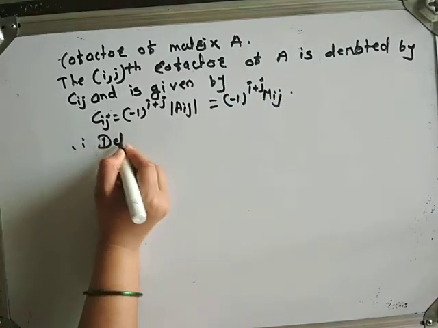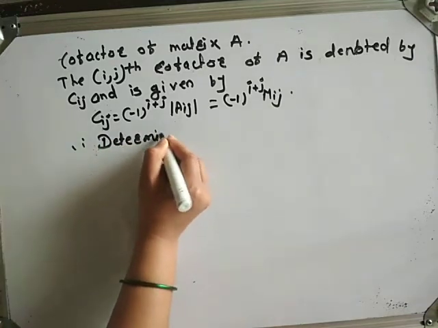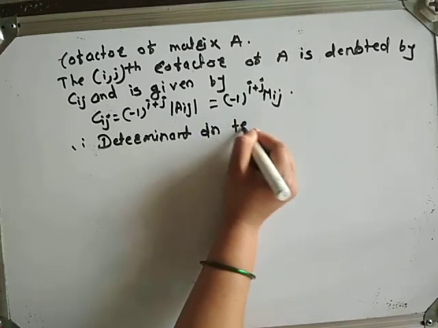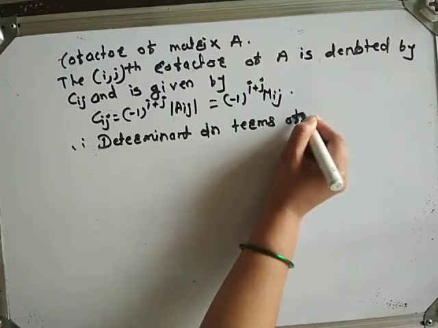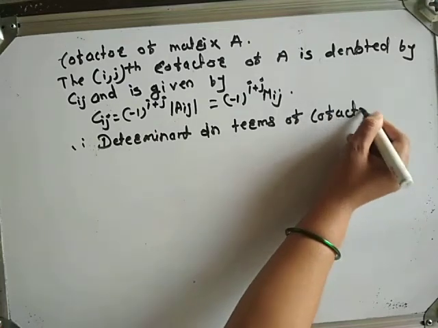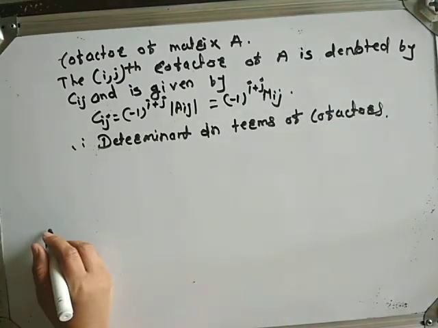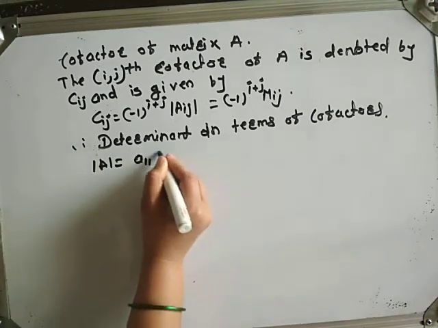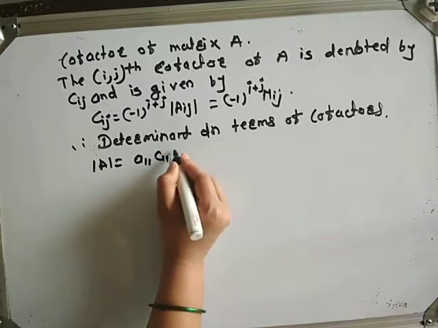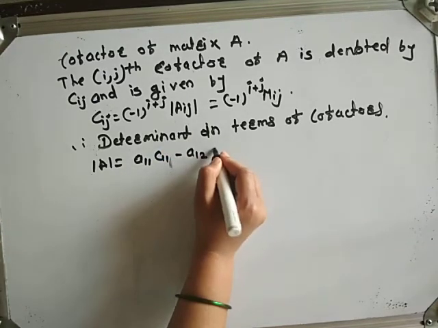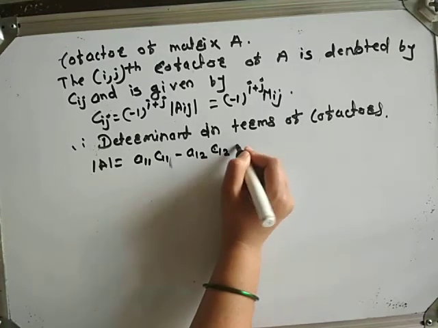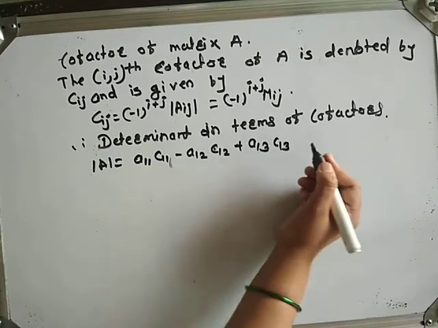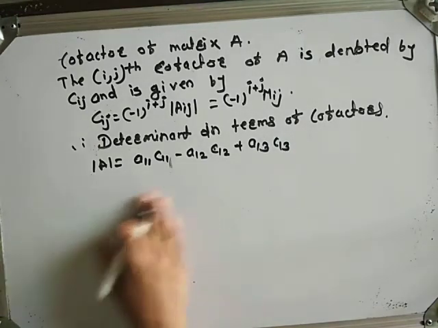Therefore, the determinant in terms of cofactors: the determinant of A is equal to A11 C11 plus A12 C12 plus A13 into C13.